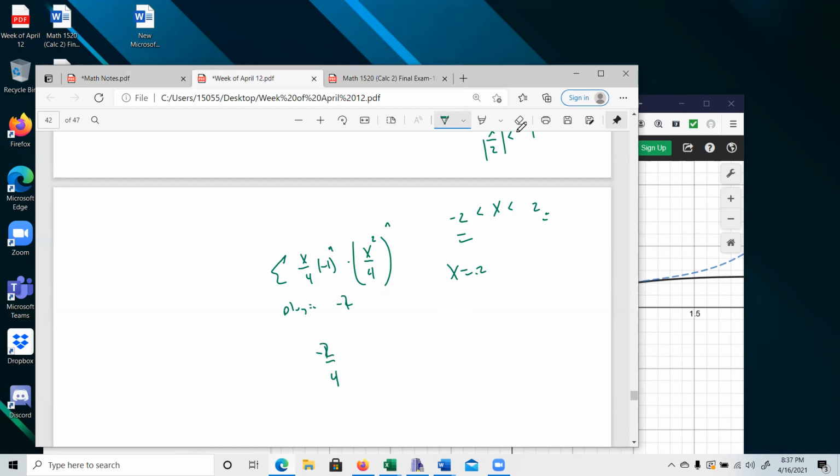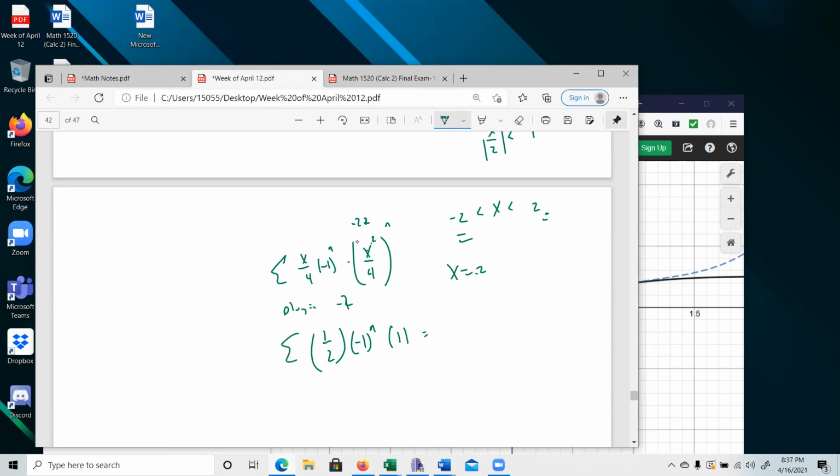Actually, we have 2 over 4, I'll put the negative outside. So we have a half. We have negative 1 to the n. If I plug in negative 2 or positive 2, we end up with 4 over 4, so we end up with a 1.